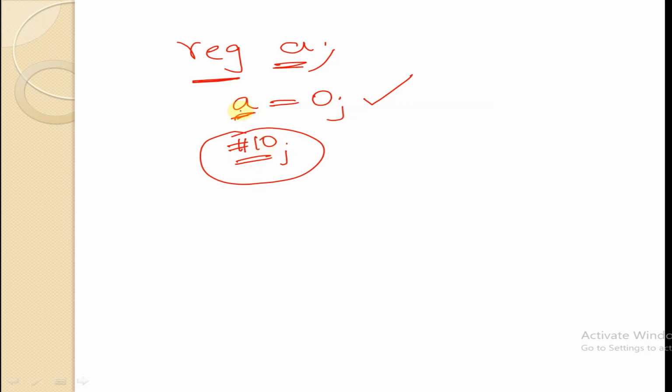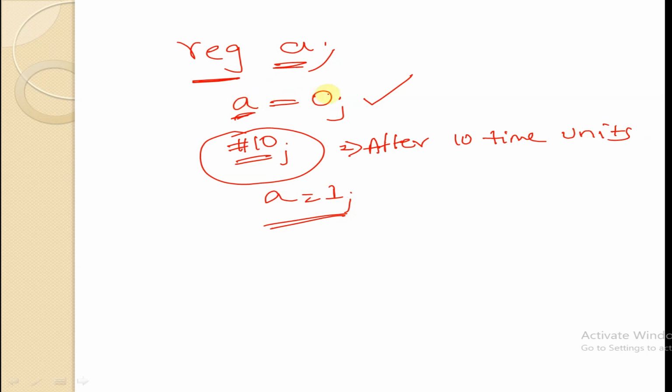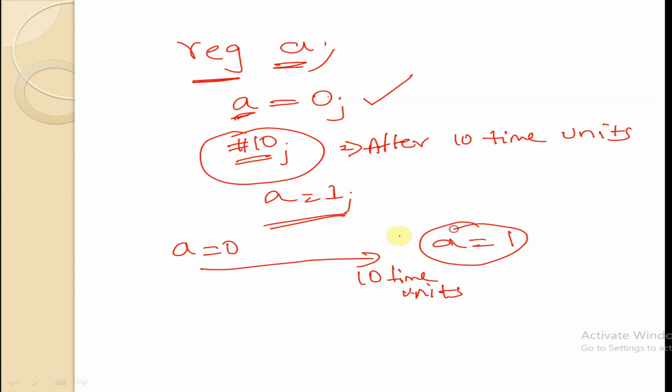So for now, let's say a is equal to 0, and after 10 time units, if we assign a is equal to 1, then up to 10 time units a will store the value of 0, and after 10 time units a will store the value of 1.